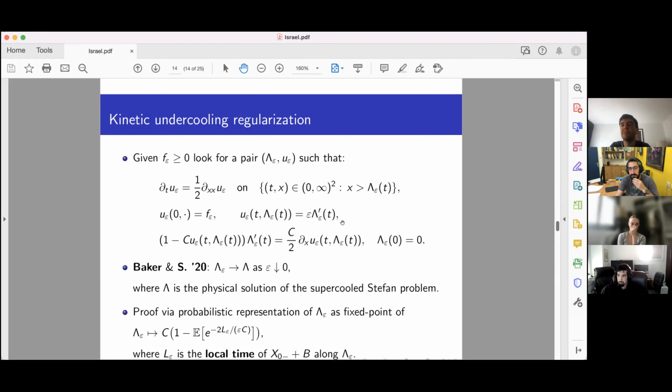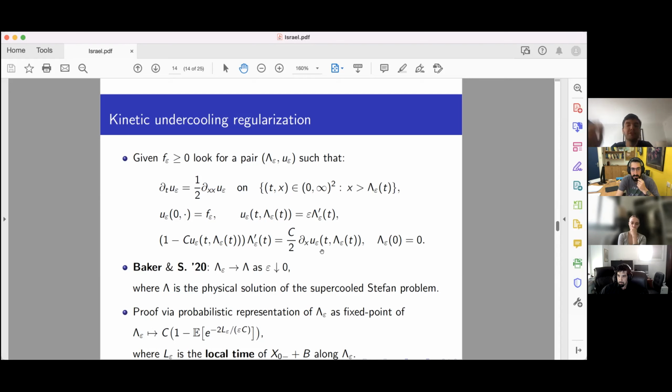So there is some epsilon here, which corresponds to this gap between 0, the equilibrium freezing temperature, and the one at which solidification actually happens. If epsilon is small, this gap is small. So you can think of this problem with small epsilon as being accurate for materials where the gap between the two temperatures is fairly small.